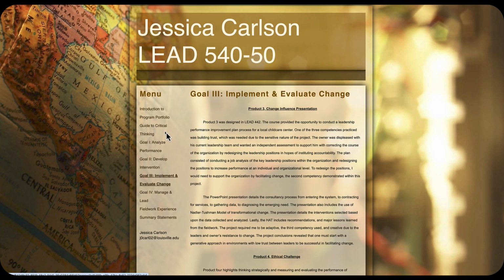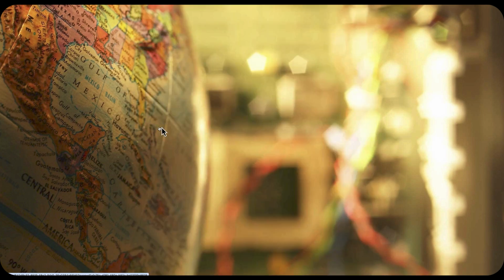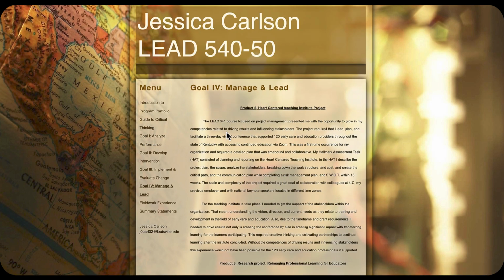And finally in goal 3, wrote about the products and uploaded the files. And in goal manage, again wrote about the products and uploaded the files. So this gives a good detailed description of the products this student produced over the course of their program of instruction.